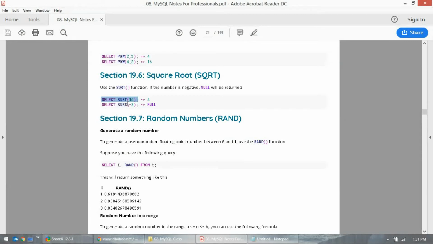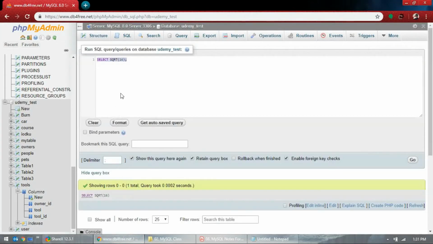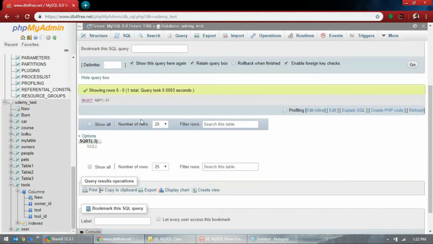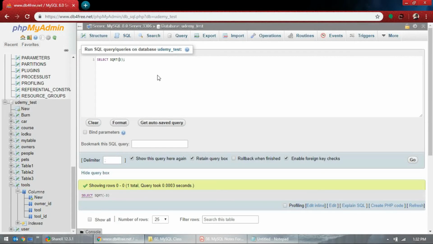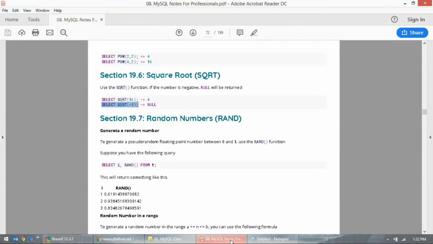Next, square root of -3 gives null, of course, because you can have the square root of 3, which gives some value, but you cannot have the square root of a negative number, so it gives null. But it will get the square root of 3 for sure. 1.7320508075688772. Great.